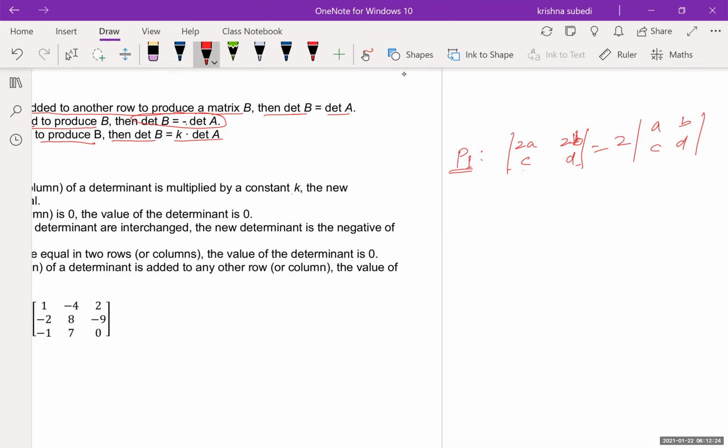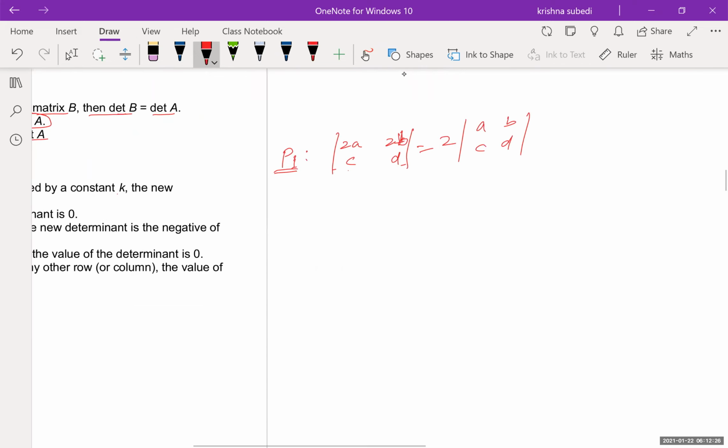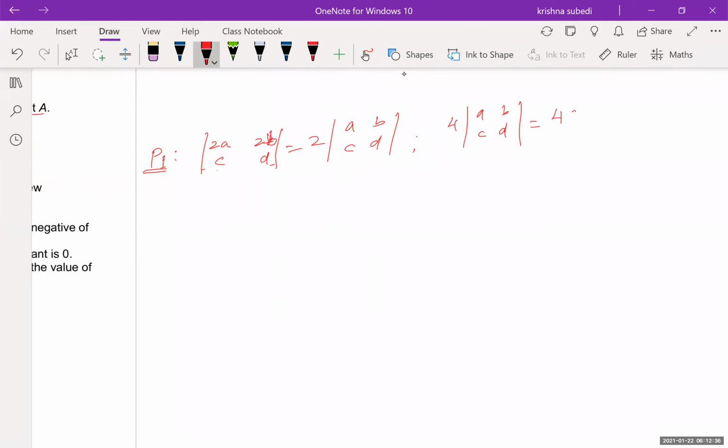That's what it means. Or if you have, for example, 4A, B, C, D, then we can write this as 4A, 4B, C, and D. Or we can write A, B, 4C, 4D.